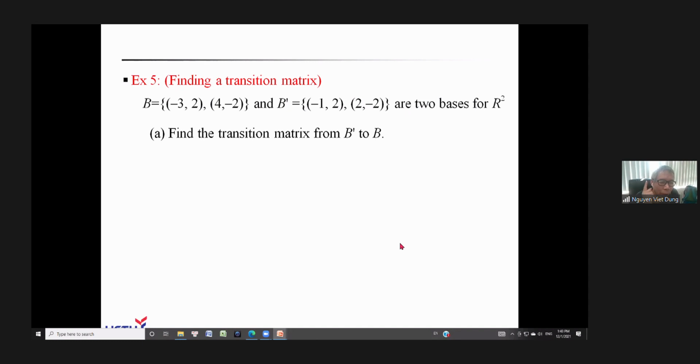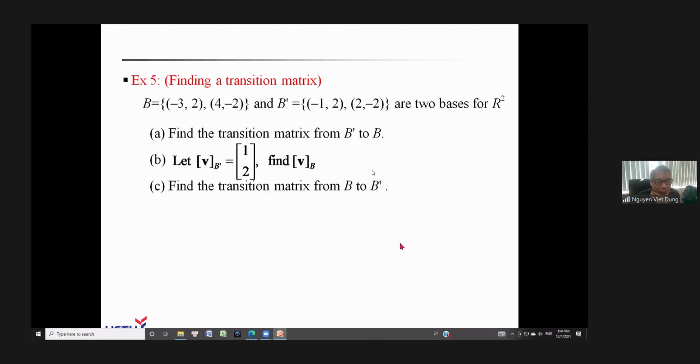The first one, you need to find the transition matrix from B prime to B. The second one, suppose that we already know the coordinates of V relative to the basis B prime to be that. Then you are required to find the coordinate column of V relative to the basis B. And the last one, you need to find the transition matrix from B back to B prime. That is, we have three requirements to do.